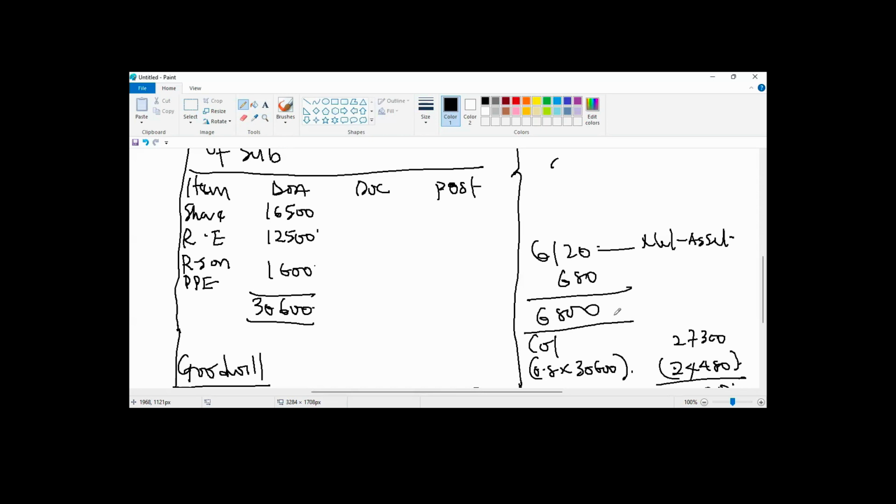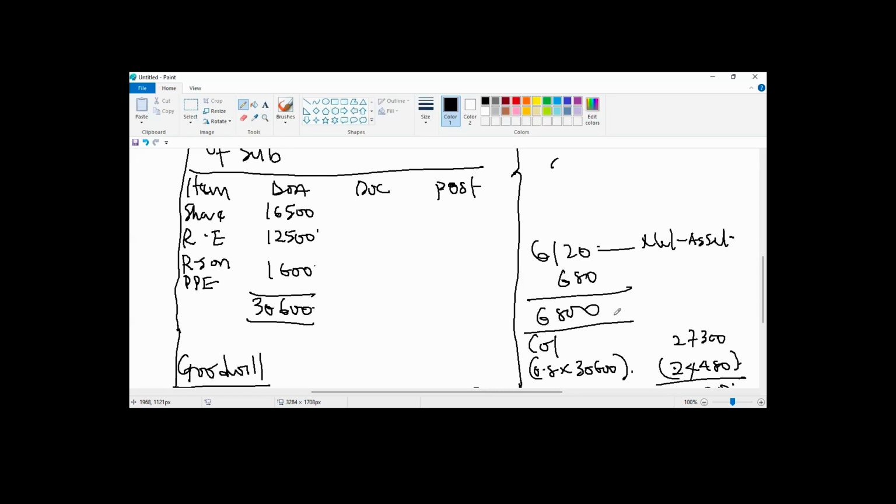When it is fair value, NCI is entitled to goodwill and to net assets. I can even determine the market price per share, in case you want to give me that. If they give you the fair value of the whole subsidiary, that is simple. Any of the four, if they give you one, you can transform it for the whole four. If I want to buy this company at 100%, I'll just say 6.8 divided by 0.2, 34,000.